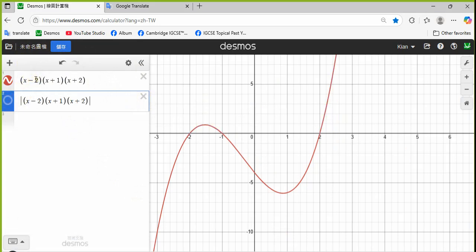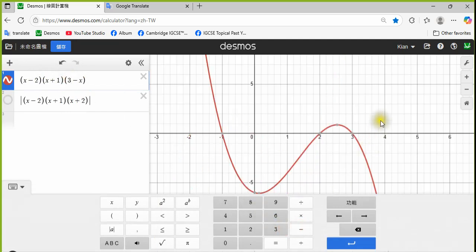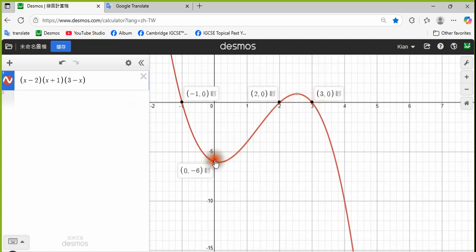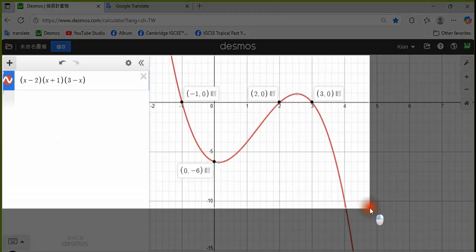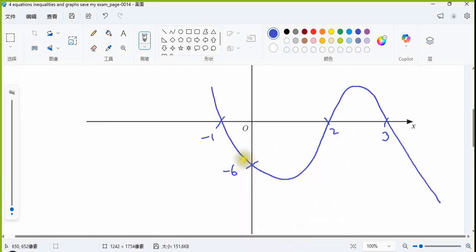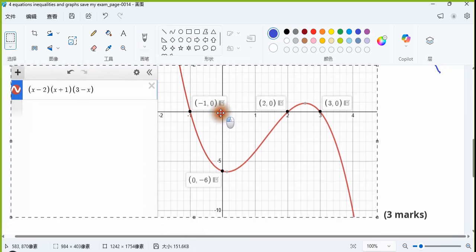We have x minus 2, x plus 1, 3 minus x. So the graph will be like this: negative 1, 2, 3, and negative 6. Yes, so the shape is like this.